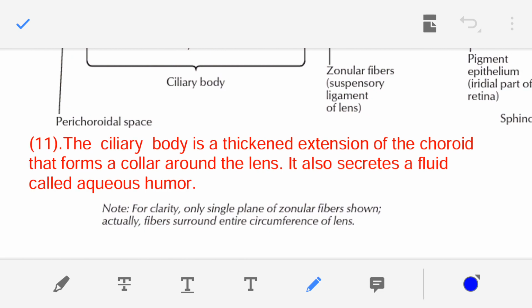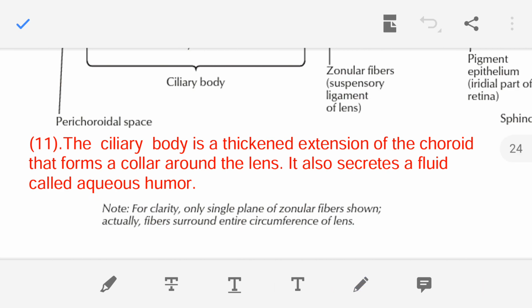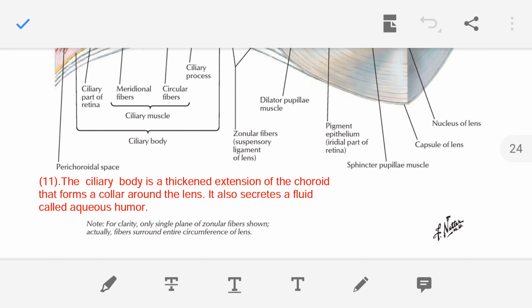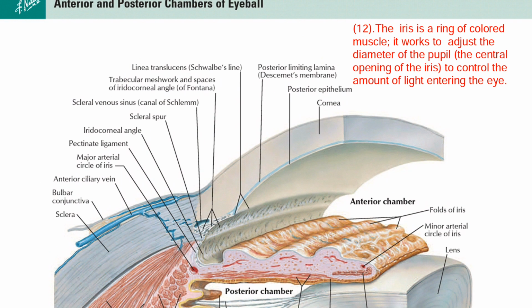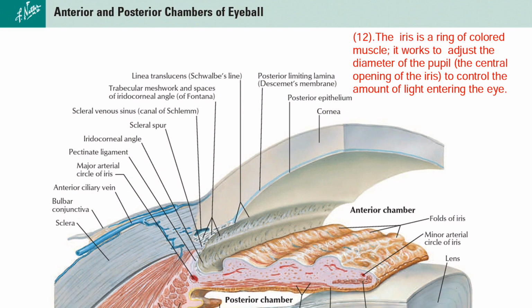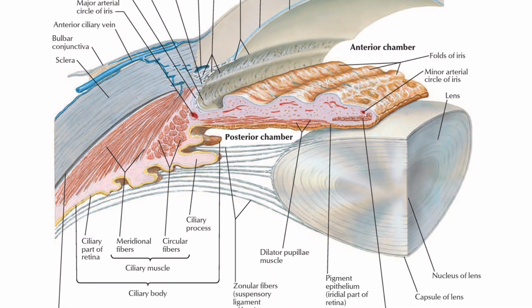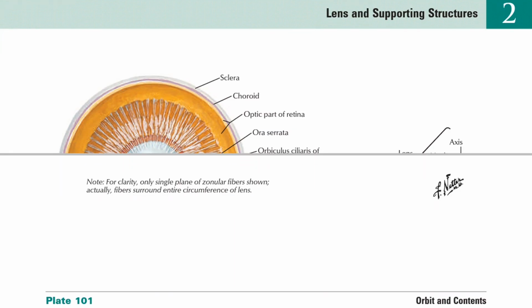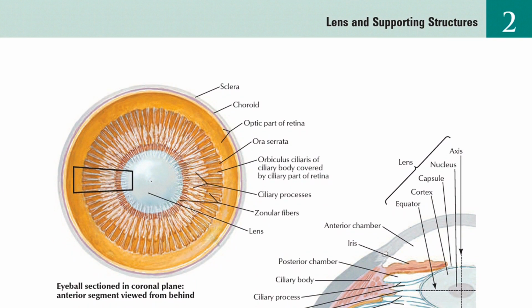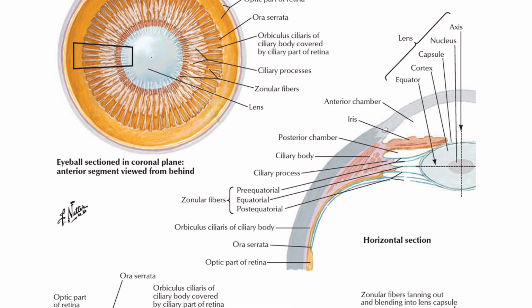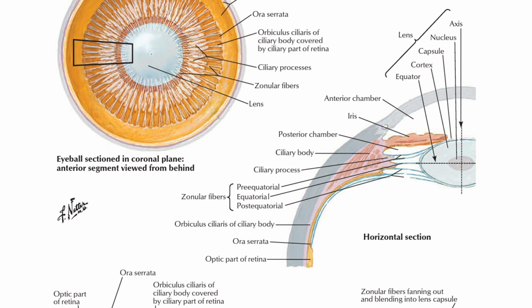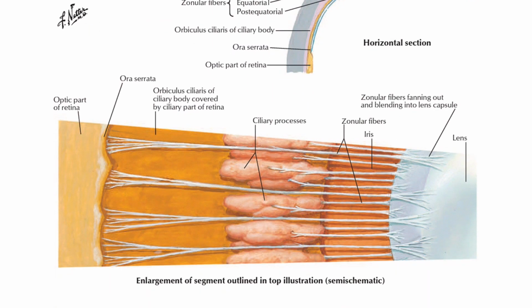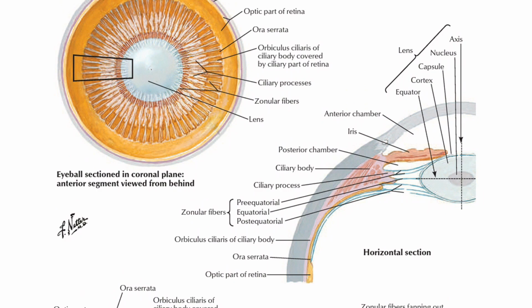The main function of the ciliary body is to secrete a fluid known as aqueous humor. Here in this figure, the ciliary body.